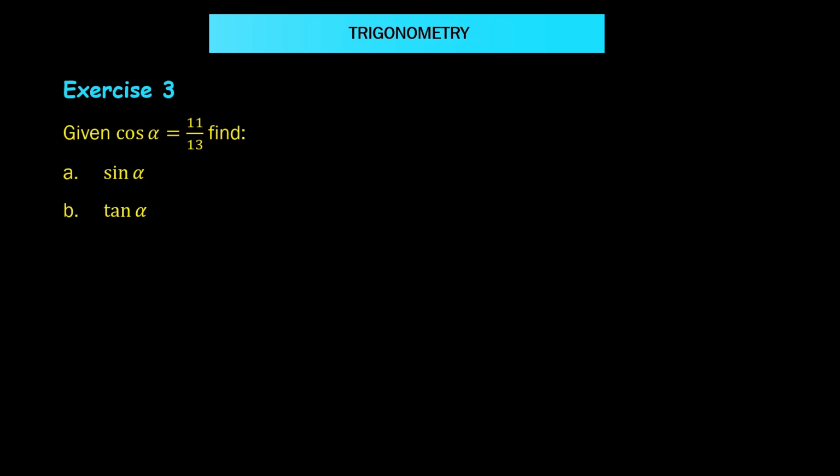Now for exercise 3. Given that cos alpha equals 11 over 13, we are required to find sine alpha and tan alpha. So let's solve this. Here's our right-angled triangle. Here we have cos alpha equals 11 over 13, so adjacent over hypotenuse, and the opposite of alpha is x.